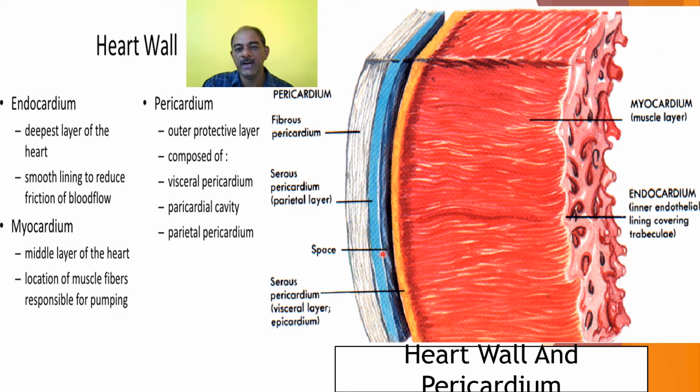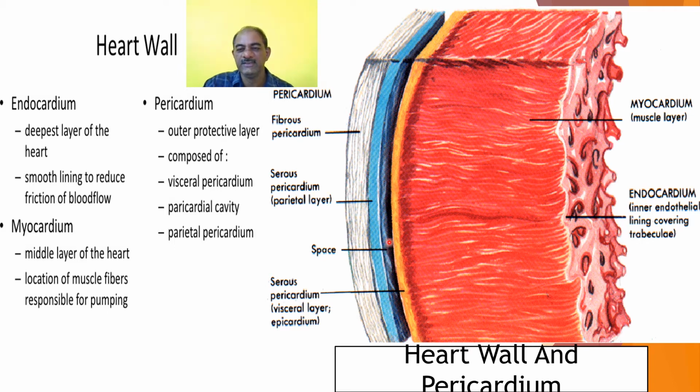And then the wall of the heart also consists of three layers. One is the epicardium, another is the myocardium, and the third one is the endocardium. Our middle layer is called myocardium. Epi means surrounding.